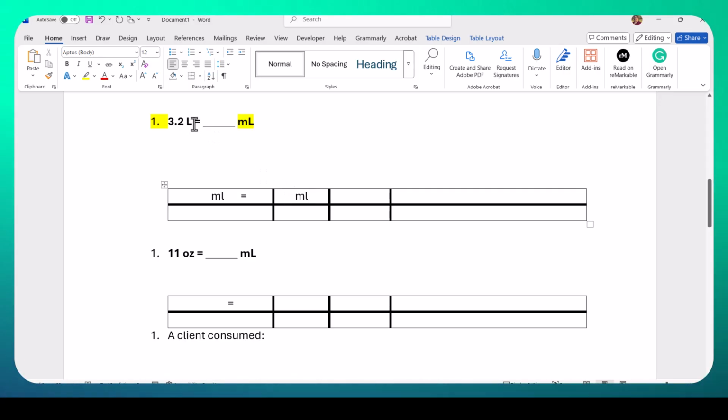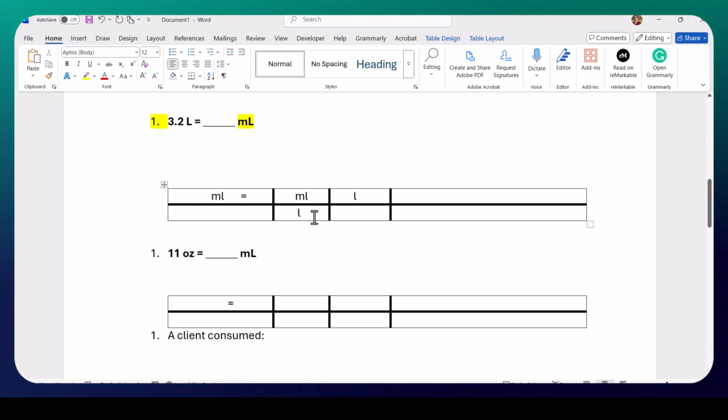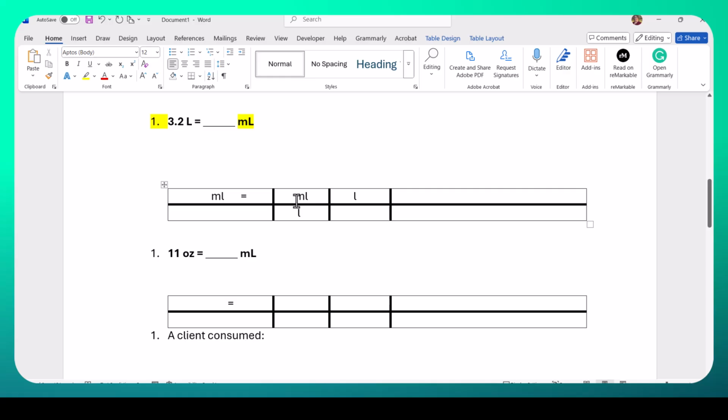It's not ounces this time. It's all about your units of measure, okay? So liters has to go on the bottom. If liters is on the bottom here, liters is going to have to go on the top here. Again, this is going to be the bridge that gets me from here to there. I have to know how many milliliters is in 1 liter.